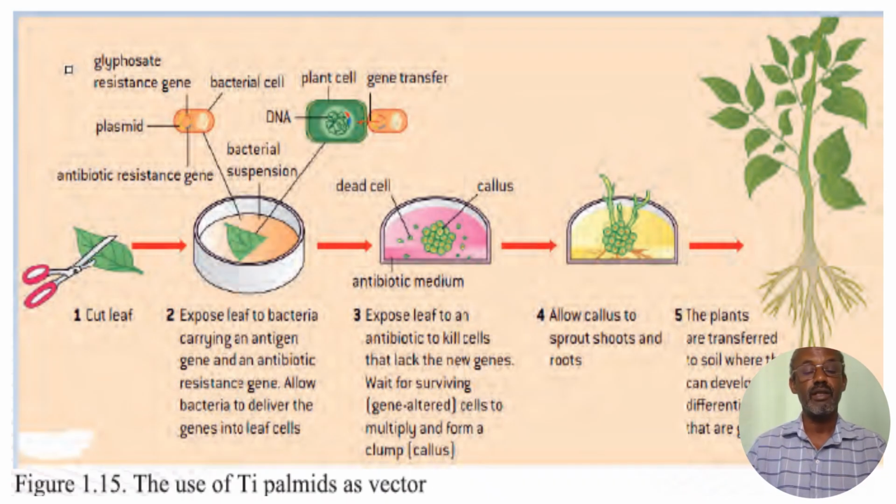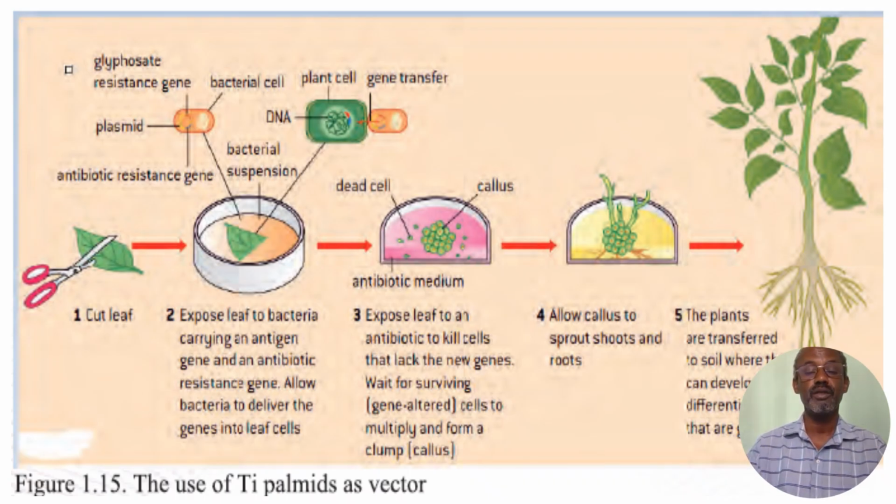When these cells multiply because there is nutrient, the only cells that grow and develop healthy are those which have received the plasmid that carries the glyphosate-breaking enzyme gene and the gene that enables the plant cells to be resistant to antibiotics, so that you can multiply this into callus.